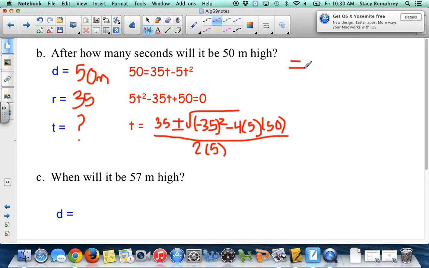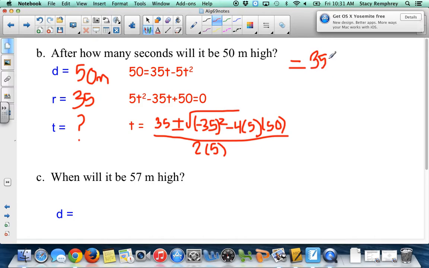In the interior, you're going to get 225 for your discriminant.